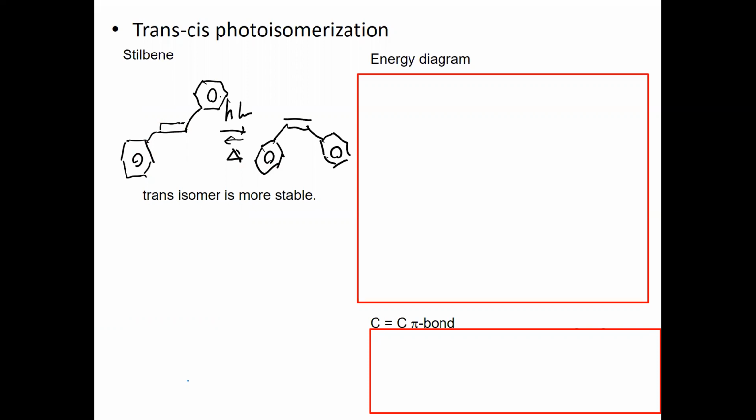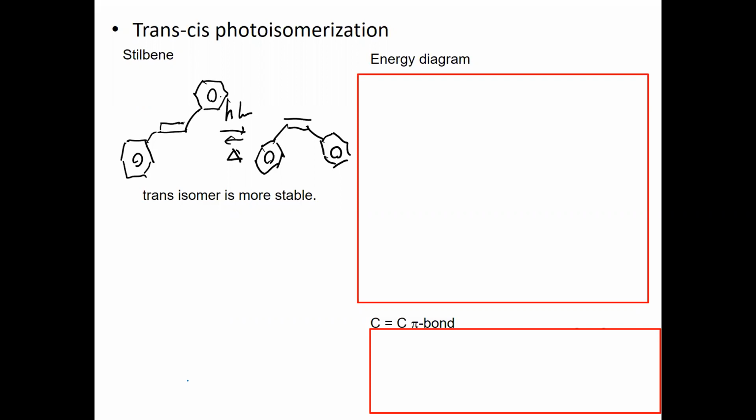As you see, a C-C double bond is made of a sigma bond and a pi bond, and we've already studied the reason why this is in the same plane: it is due to the pi bond, right?